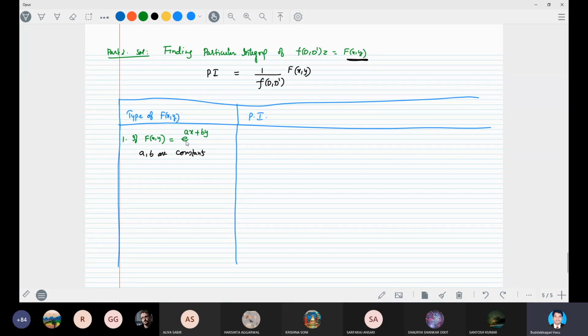If the given function f(x, y) is e power ax plus by, then the particular integral is equal to 1 by f(a, b) into e power ax plus by, if f(a, b) is not equal to 0. This is very, very important. Understood?